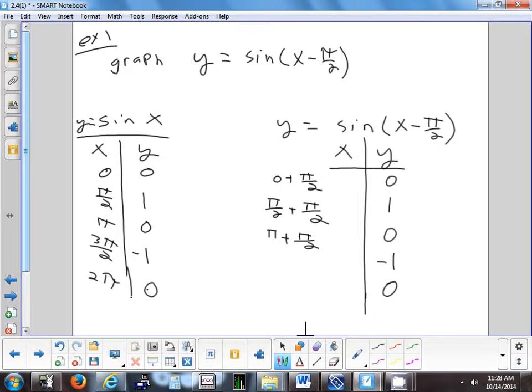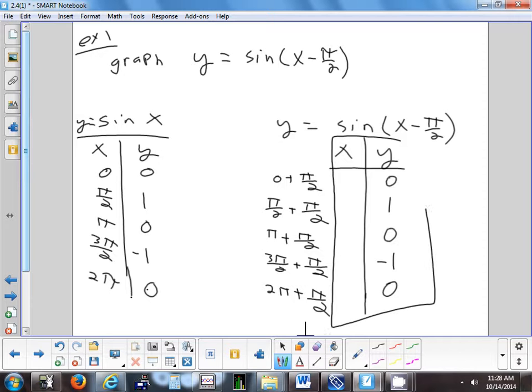Pi plus pi over 2. 3 pi over 2 plus pi over 2. And 2 pi plus pi over 2. Now, all that I really care about is what you write in this table for this part. This is the calculation, but I'm going to be grading your final answer. Okay, so let's start with the first one.